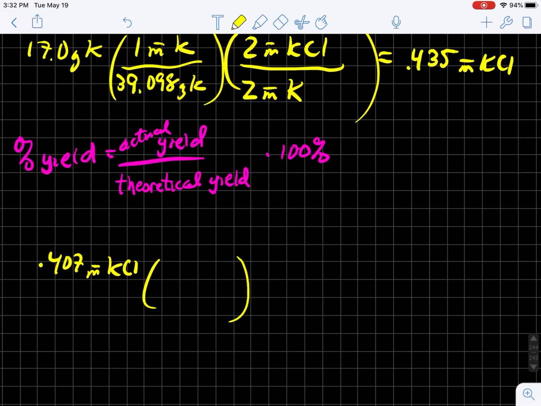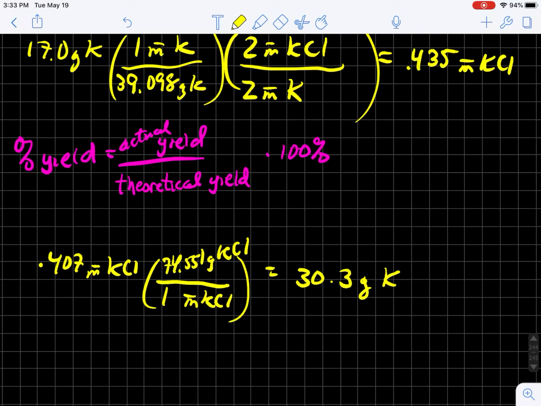And I'm going to convert that to grams. Look up the values on the periodic table, 39.098 plus 35.453, and so my theoretical yield was 30.3 grams.